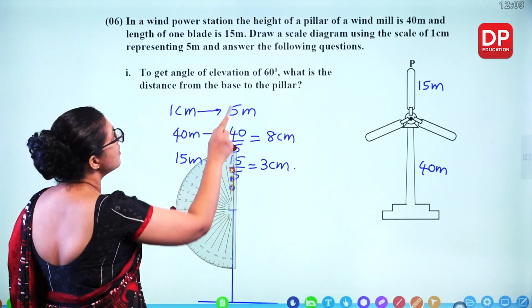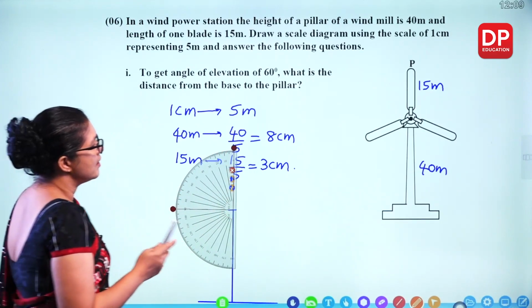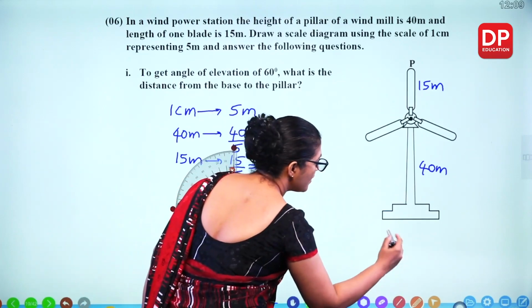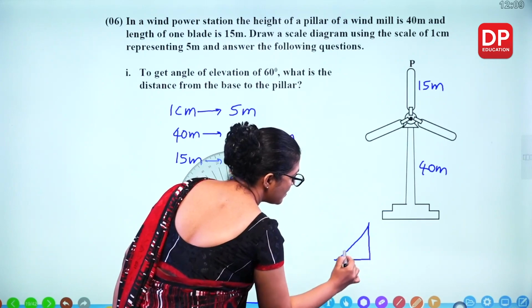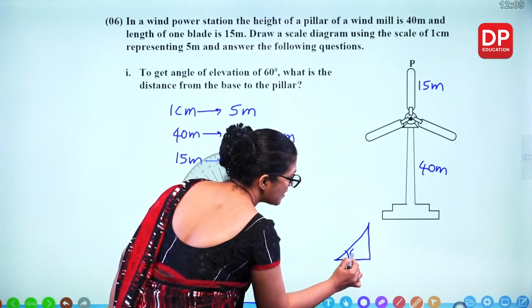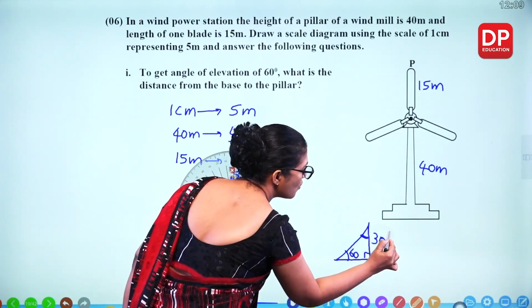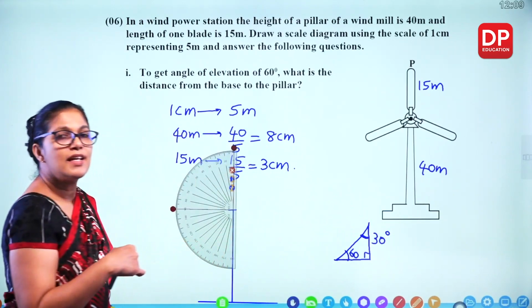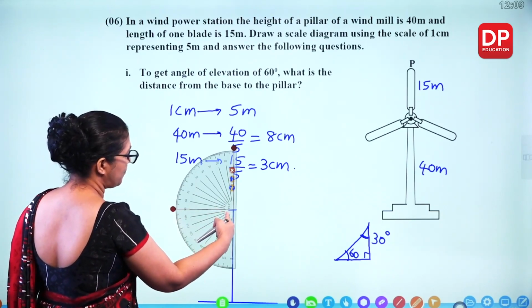Now here, to get 60 degree elevation, that means if you are drawing the rough sketch, 60 degrees elevation here, from here 60 degrees. So that means here this should be 30 degrees. So you can draw 30 degree angle here, here to here.